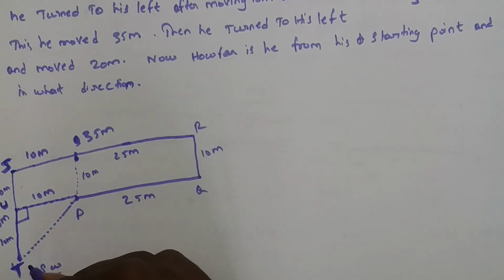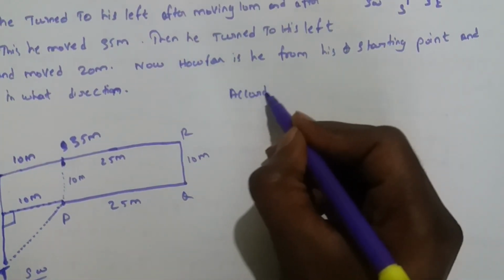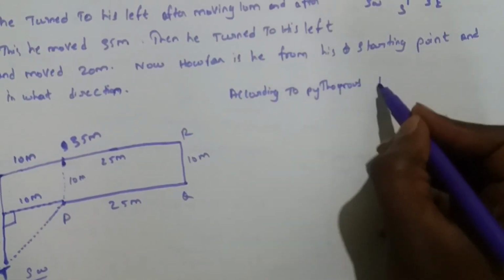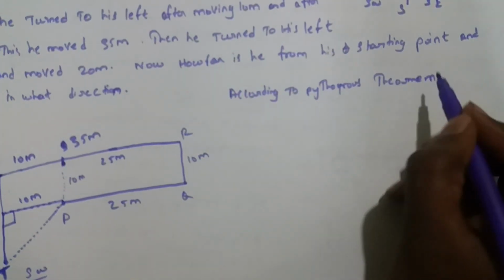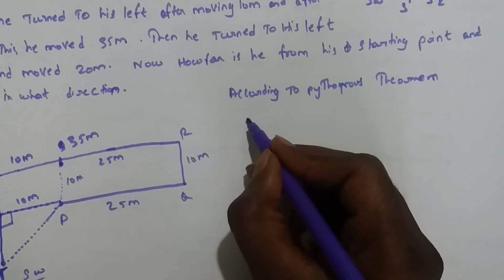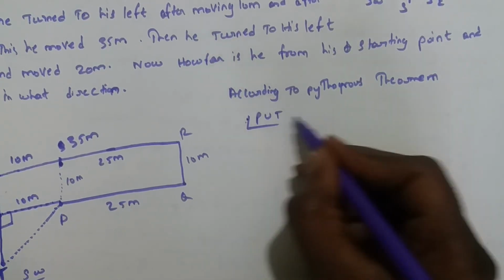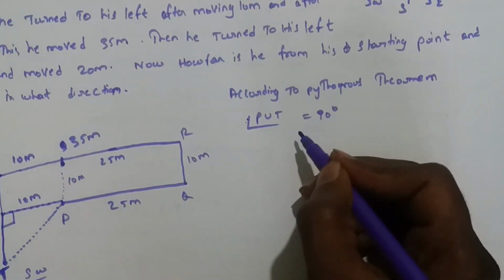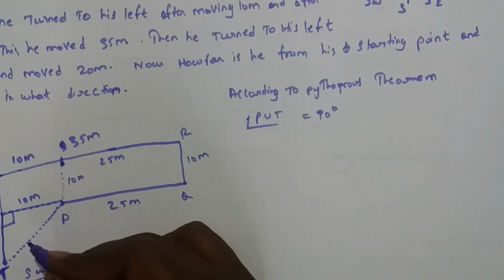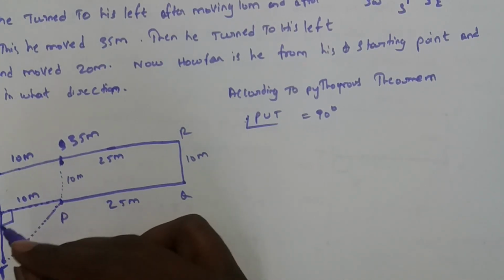According to Pythagoras theorem, in triangle UTP, angle PUT is equal to 90 degrees. Then the diagonal square is equal to the sum of the squares of the sides.